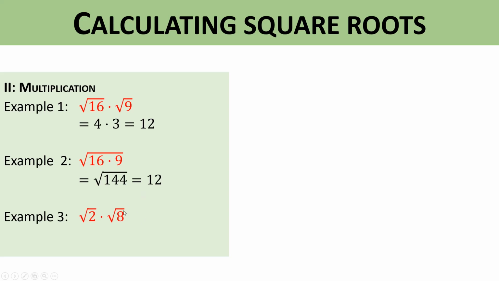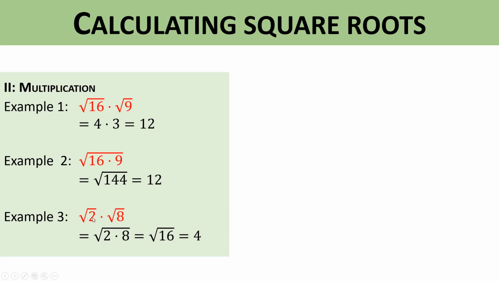And that helps us often when we have to figure out the square roots of numbers that we can't actually take the square root of, right? We can't take the square root of 2. We cannot take the square root of 8 either, but what we can do is, instead of taking the square roots first and then multiplying, we can multiply these numbers first and then take the square root.